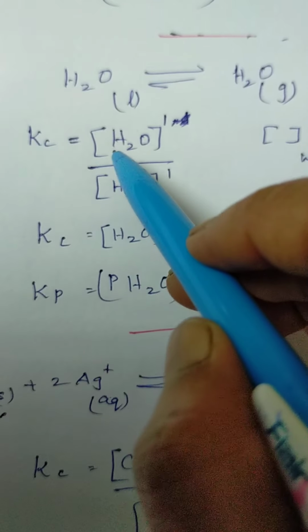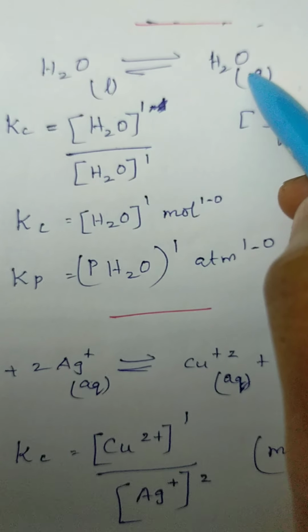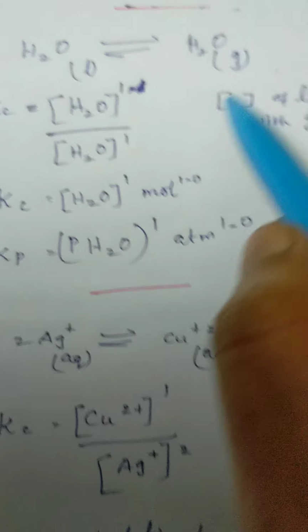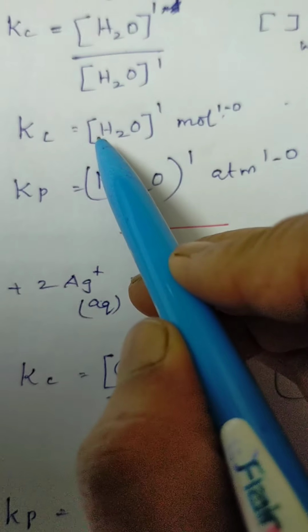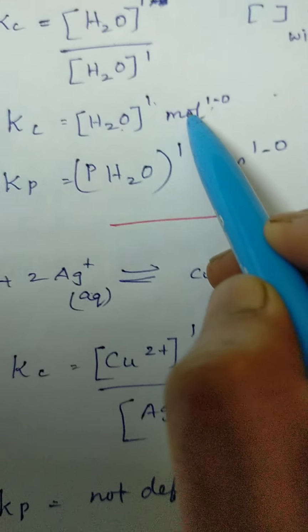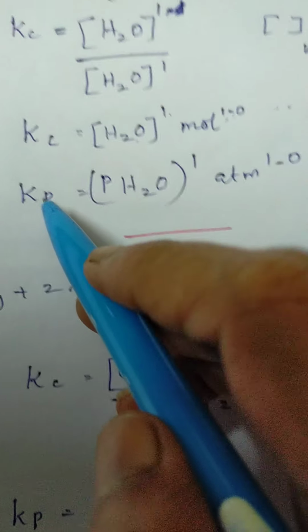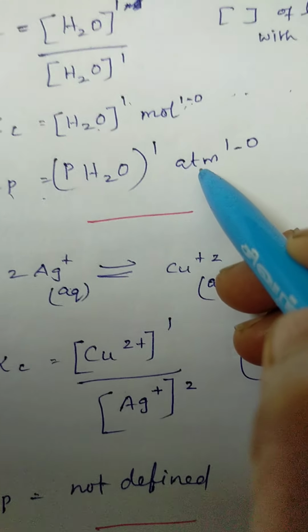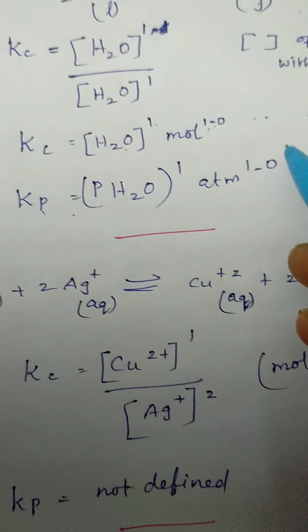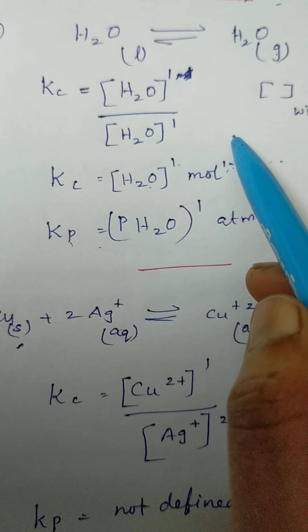So Kc is equal to [H2O]. Only the gaseous state one we have to take, that is mole 1 minus 0. What is the Kp of it? Pressure of H2O, 1 atmosphere, 1 minus 0. Why do we consider it as 1 minus 0?